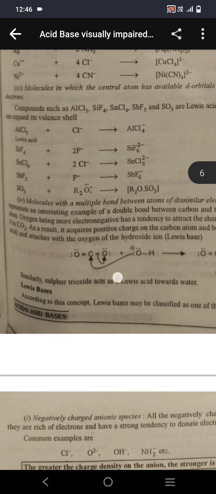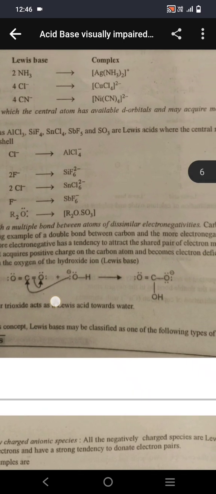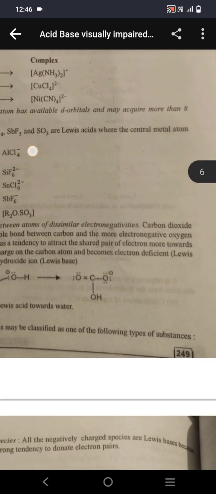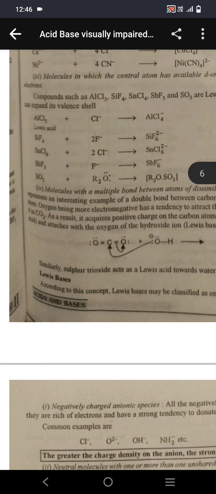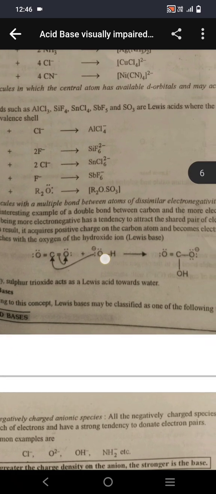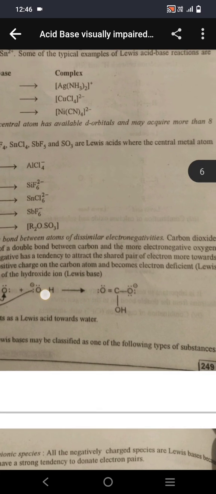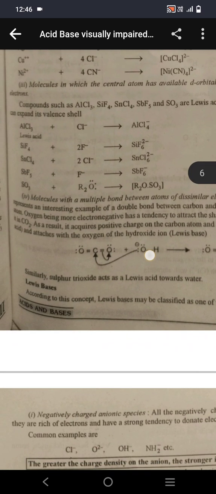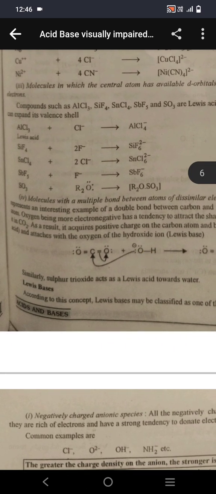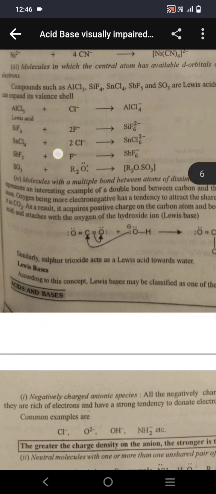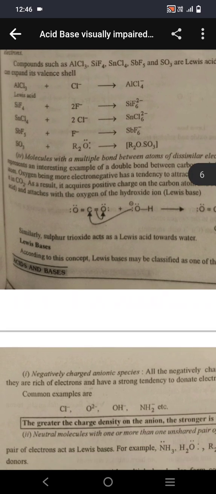Oxygen, being more electronegative, has a tendency to attract the shared pair of electrons more towards itself. As a result, CO2 acquires a positive charge on the carbon atom and becomes electron deficient, and is attached with the oxygen of the hydroxide ion. Similarly, sulfur trioxide acts as a Lewis acid towards water.